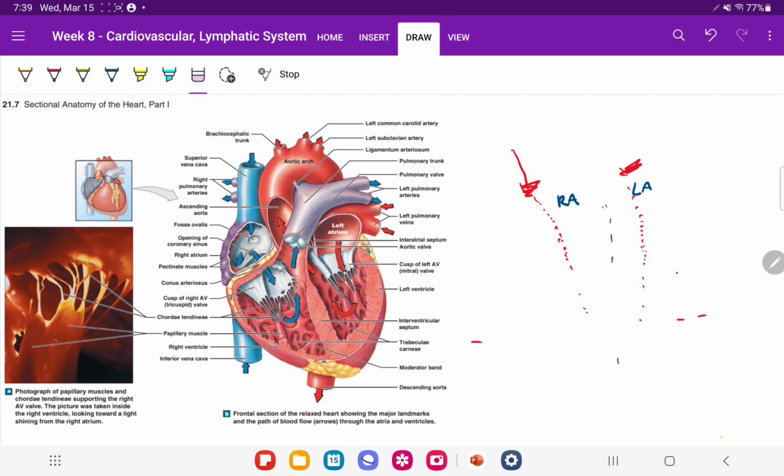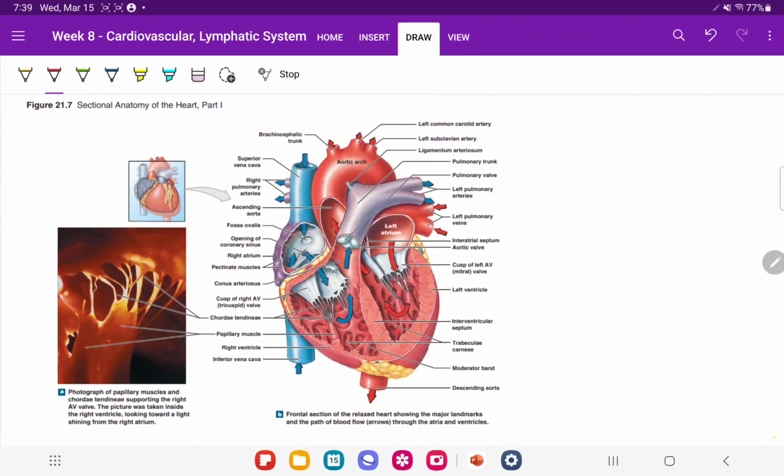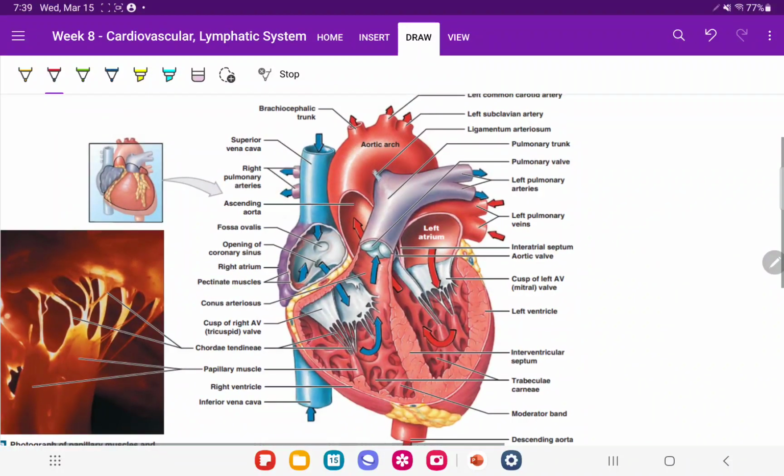Let's erase this. The image right here shows us the flow of blood because of these arrows. Blood enters the heart via the superior and inferior vena cava, as well as the coronary sinus. They all enter the heart right there, at the right atrium.